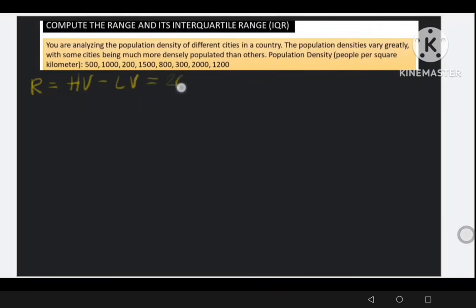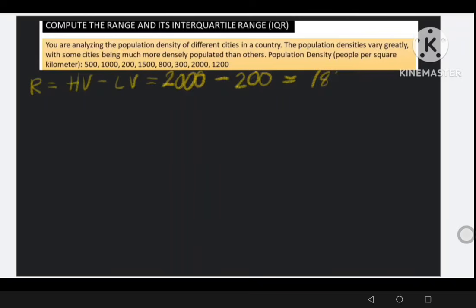So we have 2,000 subtracted by the lowest value, which is 200. Again, highest value minus the lowest value: 2,000 minus 200, we have our range of 1,800. So this is our range.